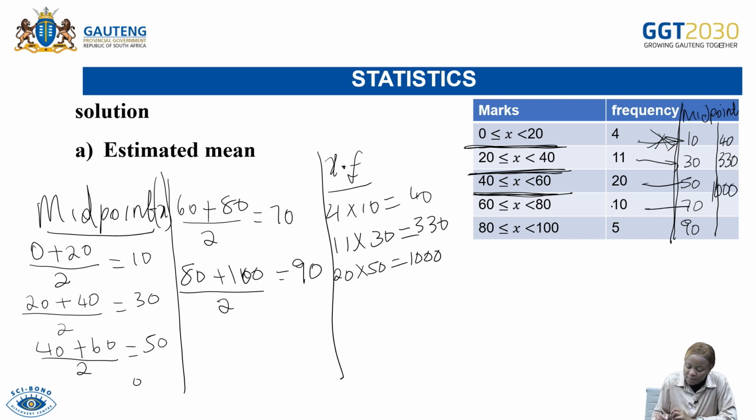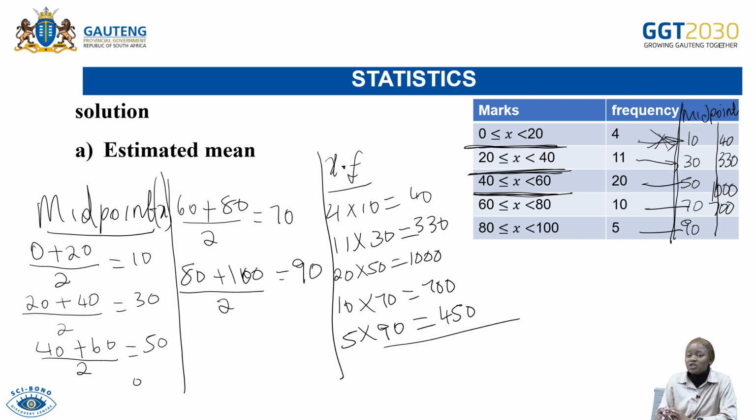Then you multiply the 10 and the 70, and you'll get 700. And then lastly, you say 5 times 90, and you will get 450. Then after doing all of this, you are going to find the total of the frequency. If I add everything here, it should give me 50.